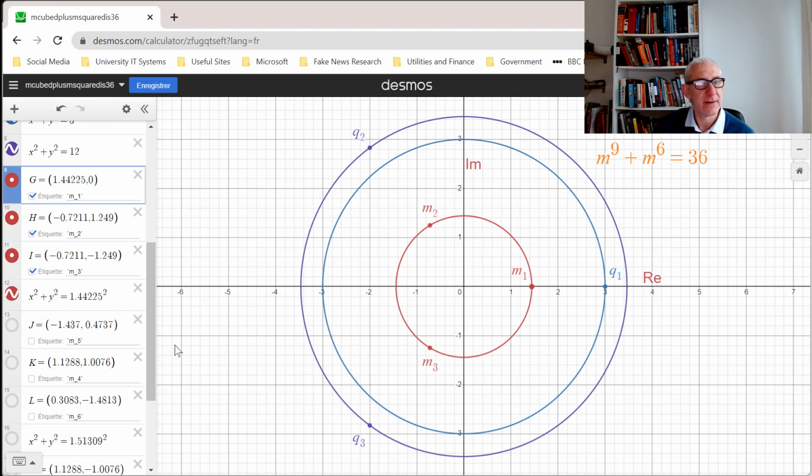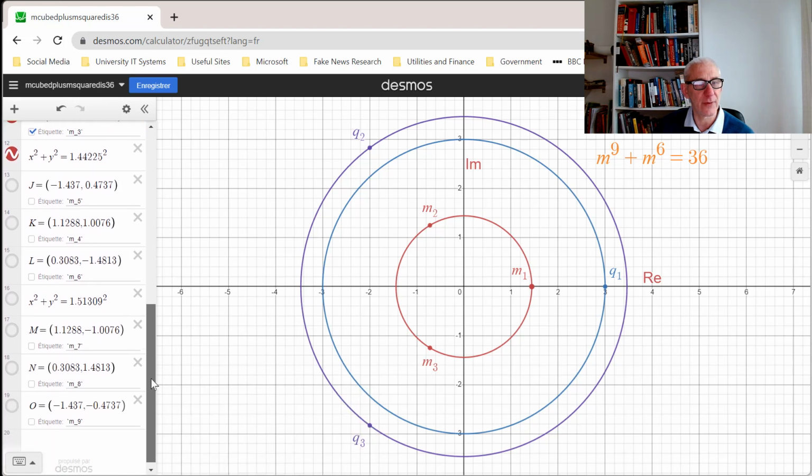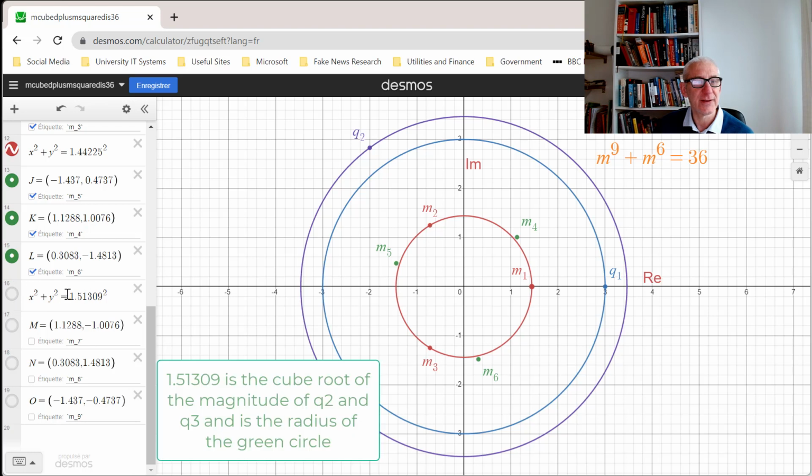There it is. The next set of roots are all going to come from Q2, which is set up here, and like that. They too have their own circle. This one is going to be, here it is, 1.5309.